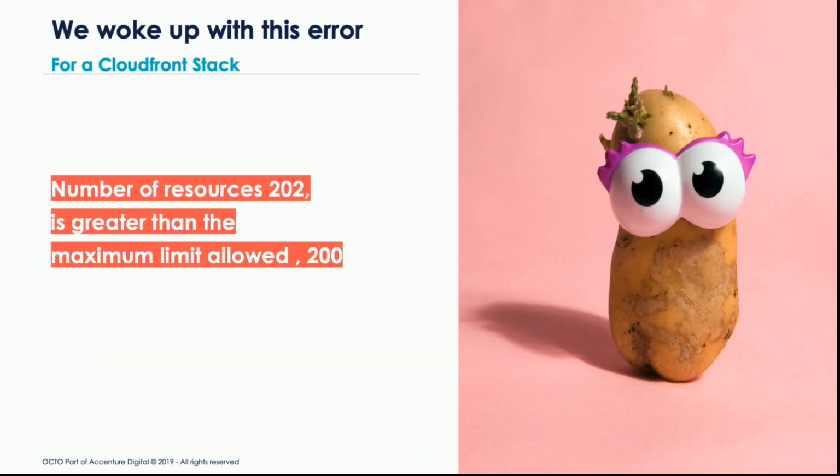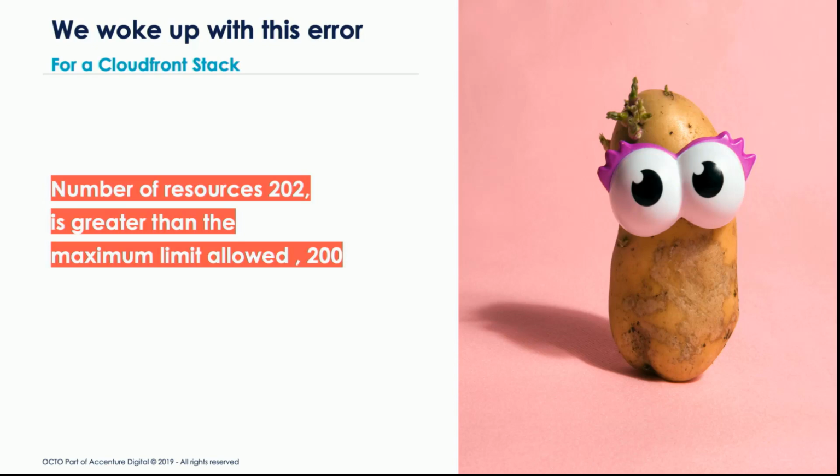So things were quite nice. Well, until one day we woke up with this error. It looks quite scary. Well, it means that on AWS, for the one CloudFormation stack, the number of resources that were allowed was 200, and we had exceeded it. So we started looking into it. The good thing is, it doesn't really mean that we had created 200 AWS resources within our little application.